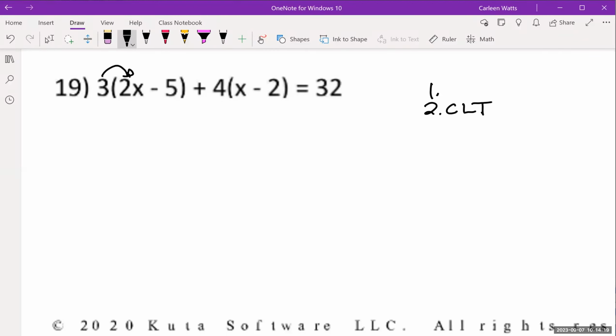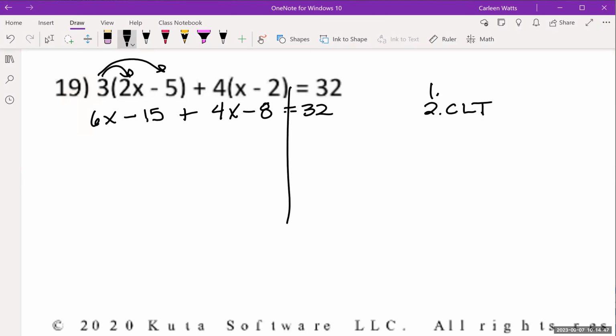Distribute. 6x minus 15 plus 4x minus 8 is equal to 32. Awesome. Draw a line down the equal sign. So this was, I'm going to call it distribute.